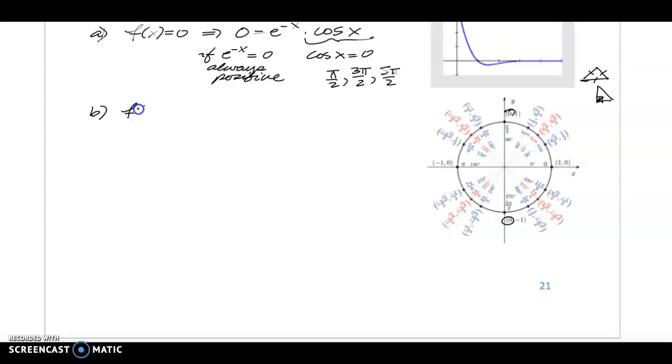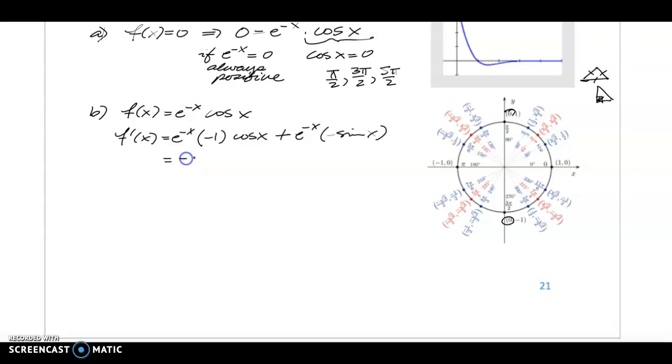So if our original function is e to the minus x cos x, right? I'm going to take the derivative of this. This is just e to the minus x times minus 1 times cos x, plus e to the minus x times minus sine x.